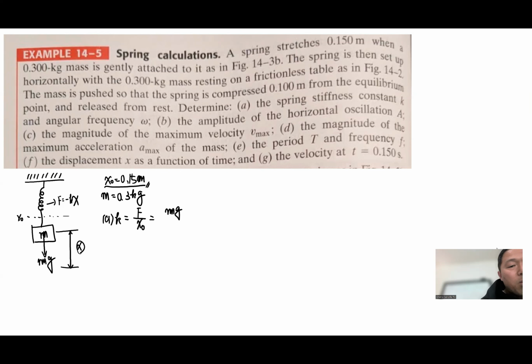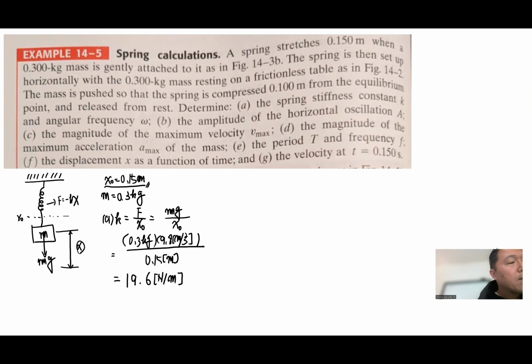So F is replaced with mg, divided by x naught. Here mg is 0.3 kilogram times 9.8 meter per square second, and x naught is 0.15 meter. From that, spring constant k is 19.6 Newton per meter.